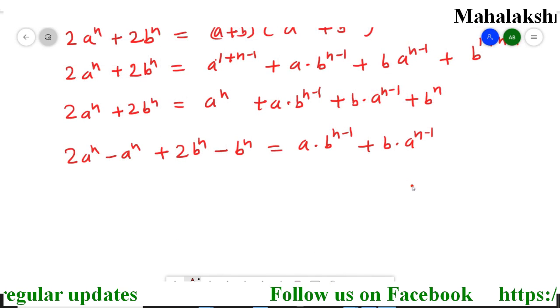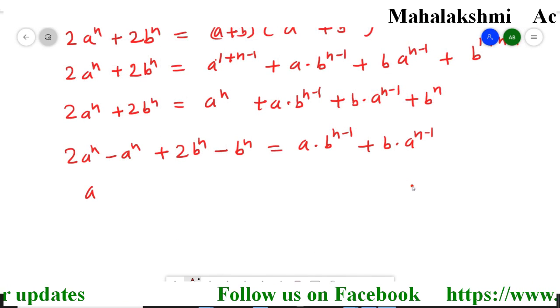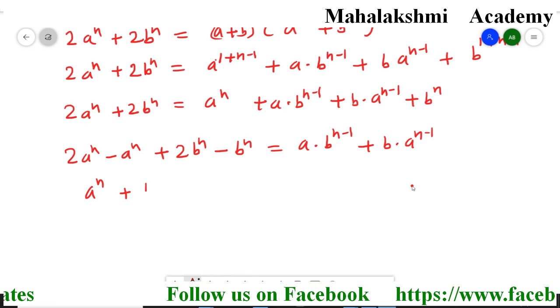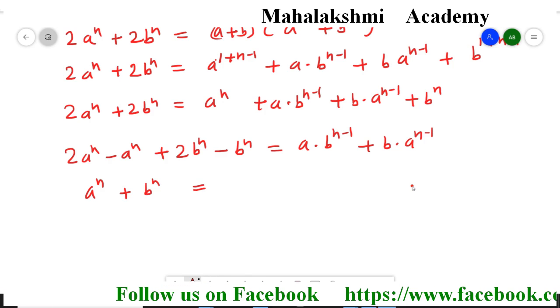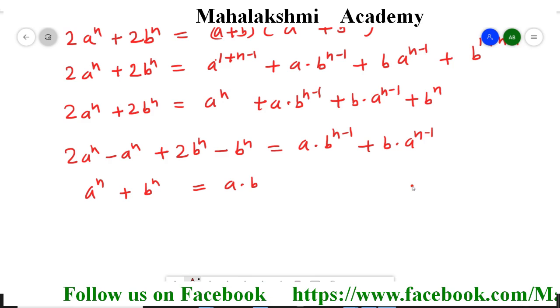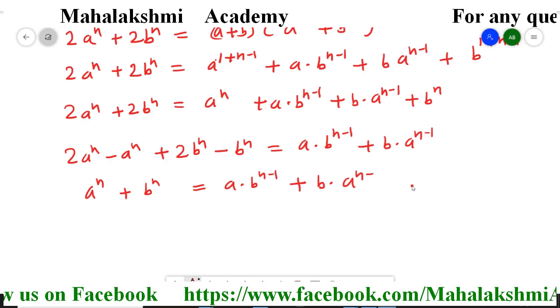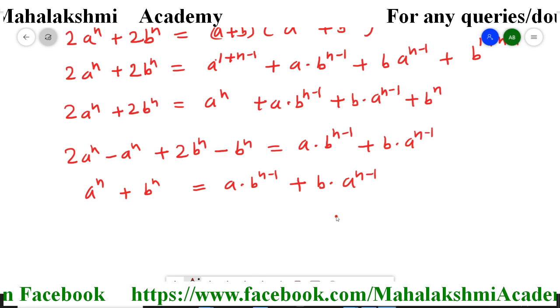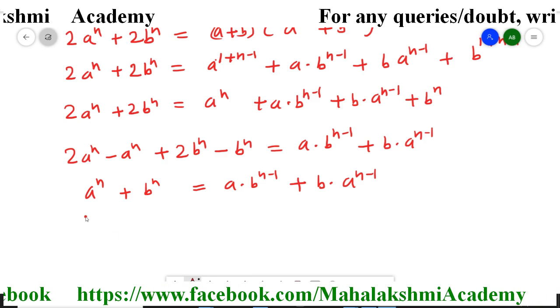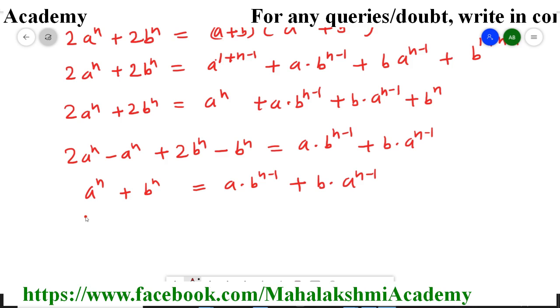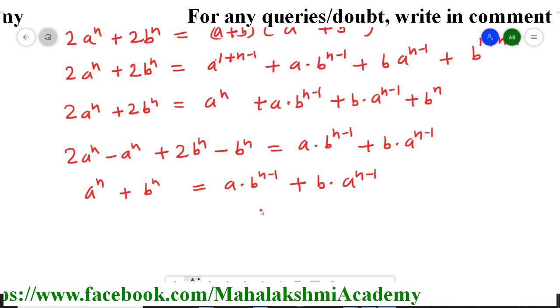Now when we simplify, we will get here a power n plus b power n as it is, and a dot b to the n minus 1 plus b dot a to the n minus 1 as it is. Now what I am going to do is shift the base b to one side, a to one side.